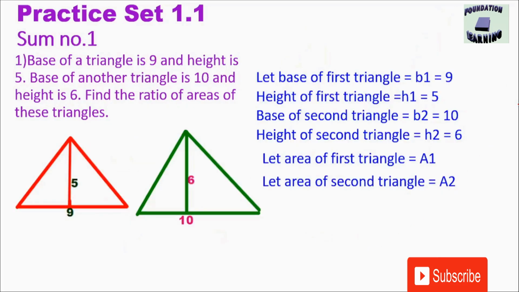So let's understand neatly. Here, let the base of the first triangle B1 be equal to 9. Height of the first triangle H1 is 5. Base of the second triangle B2 is 10. Height of the second triangle H2 is 6. Let the area of the first triangle be A1 and the area of the second triangle be A2.